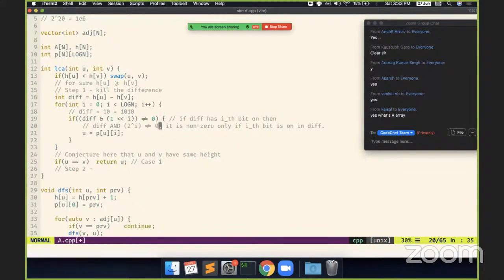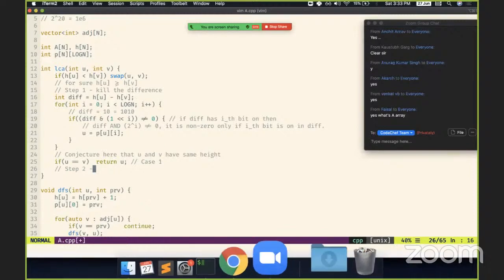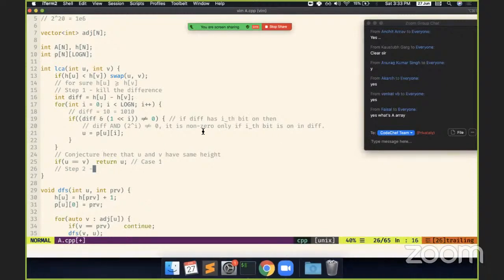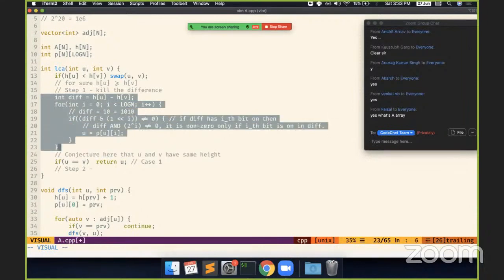That after killing the difference, we'll be at the same height, and there will be two cases. One case is the simple case when both the guys are the same. The second case is the complex case, that is, both the guys are actually not the same. So we're now at the complex case. Before this, is this portion clear? Is mainly this portion. If it's not clear, please ask in the doubts what's the exact doubt.